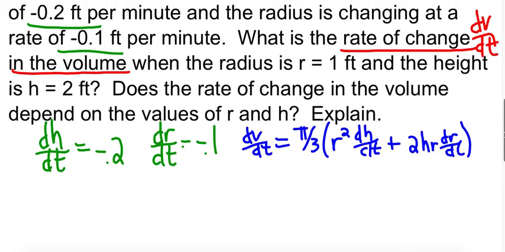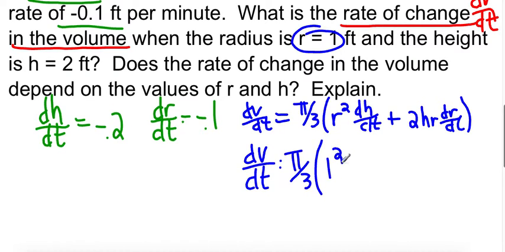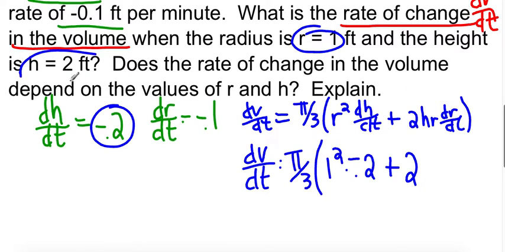Okay, so we want to find dV/dt when all these other things are happening. So dV/dt equals pi over 3. R is 1, so we have 1 squared, dh/dt is negative 0.2, plus 2hr. Let's see, h is 2 feet. R, we already said, is 1.